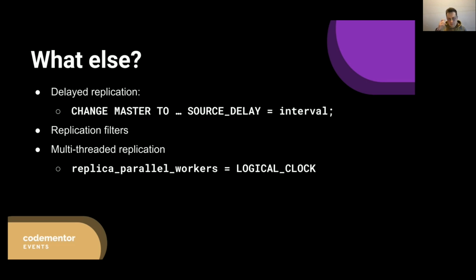Okay, what else does MySQL provide? First one is delayed replication. In the change master statement, you can add source delay equals some time. It's a really interesting option because you can have one replica with source delay equal to, for example, 25 minutes. Why do you need it?